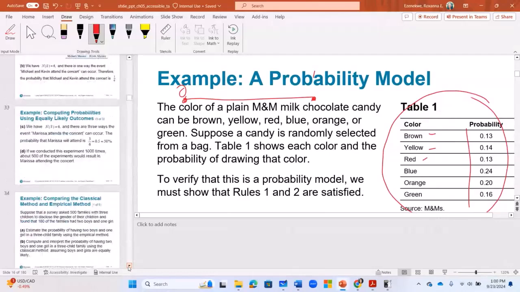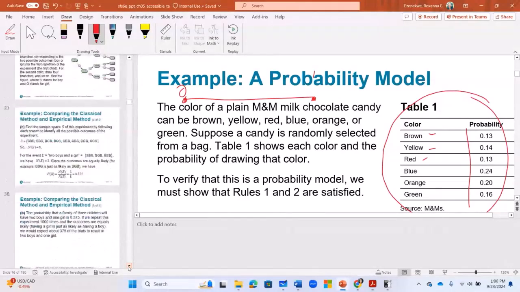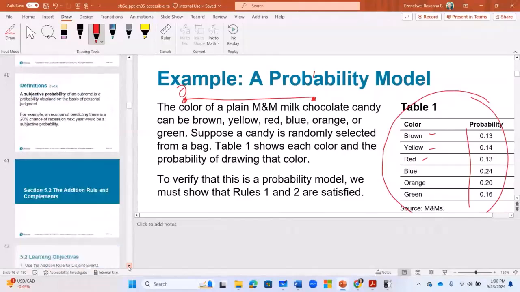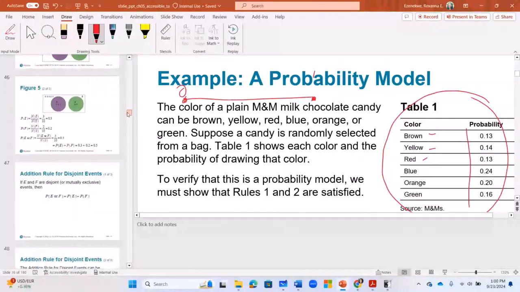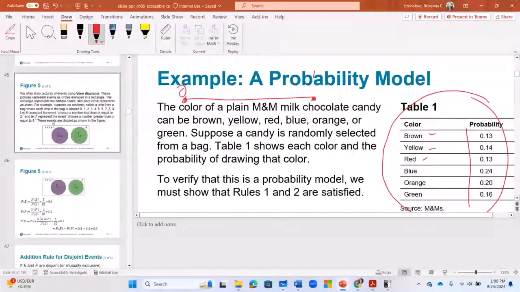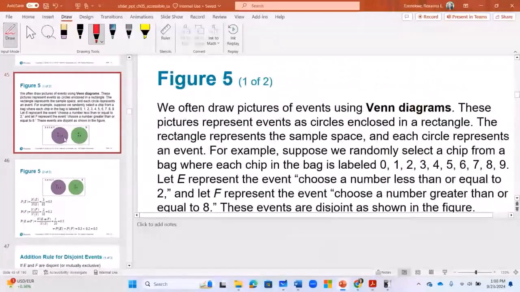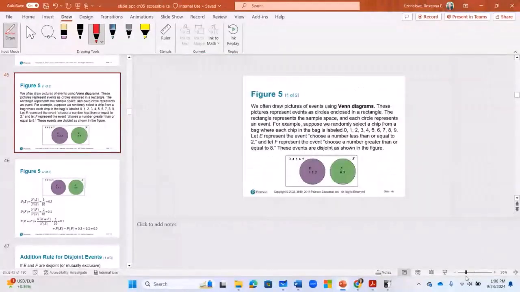It's important that every student reads this. That's a lot to read here, but we really don't have all this time to cover all this. Okay. So I see a Venn diagram. So the Venn diagram is actually in PowerPoint number 45.